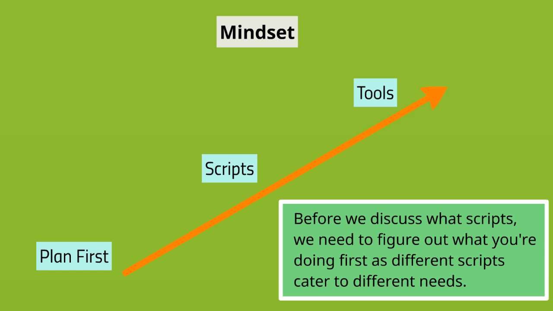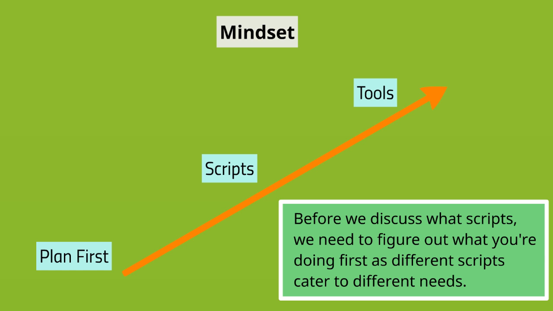Or we could utilize a script that is less than $50 that, in my opinion, can do a lot more than a lot of the scripts that are a couple hundred dollars out there. Knowing that you have different routes you can go, depending on the different platforms that you use, we'll talk more about those later on.